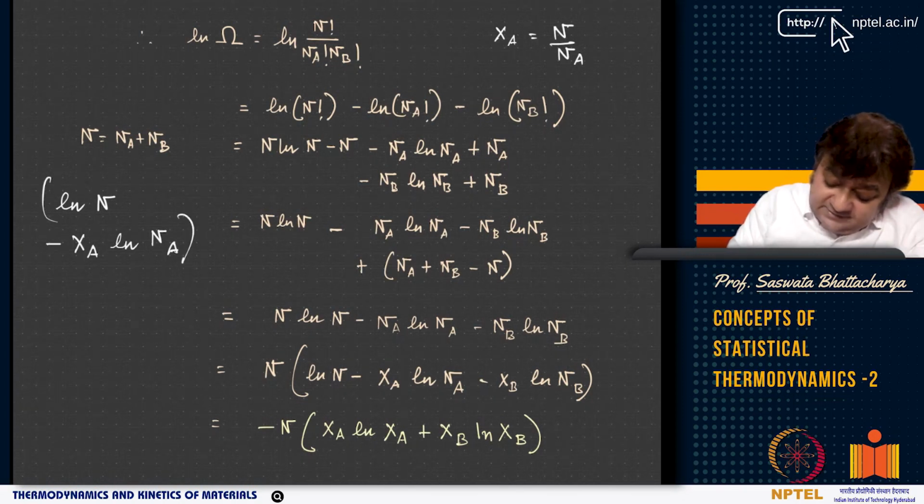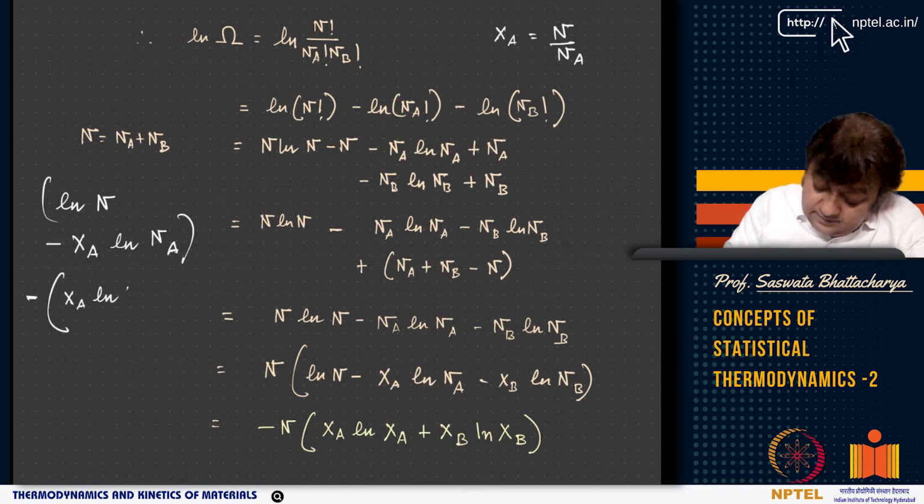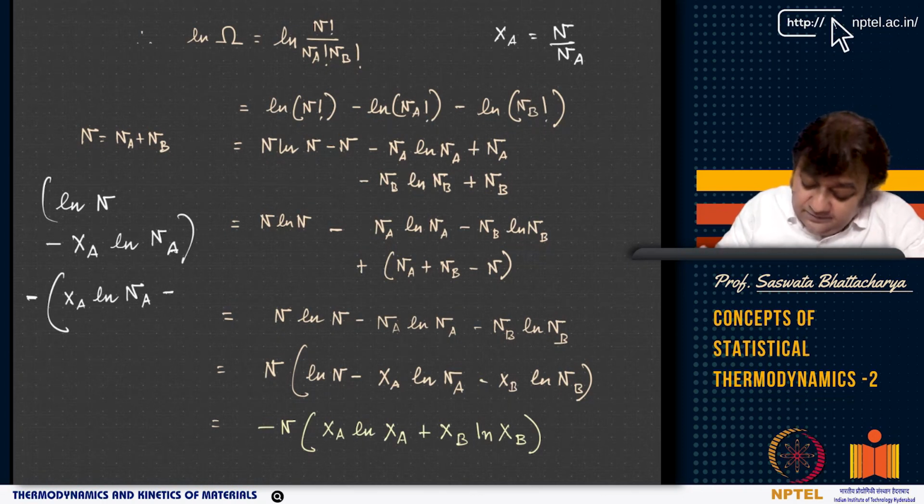I'm writing it as minus of Xa ln Na, and this will be minus ln of n.